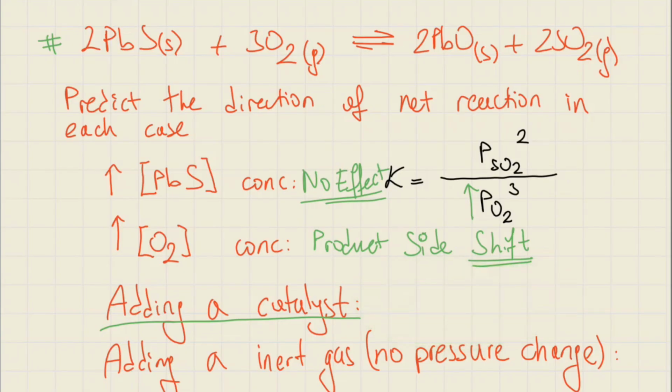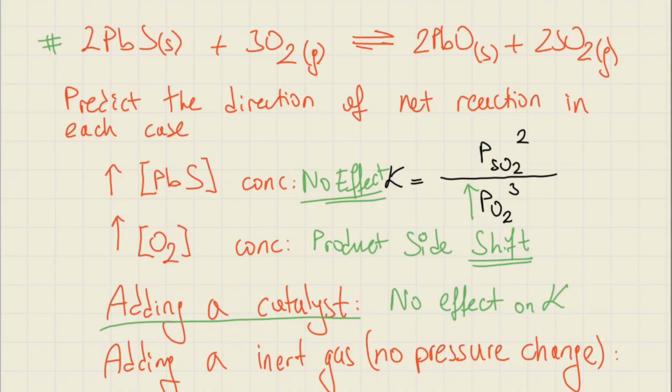But reaching equilibrium will be sooner if it is not at equilibrium. So adding a catalyst can help to reach the equilibrium sooner, but there is no effect on the equilibrium expression.